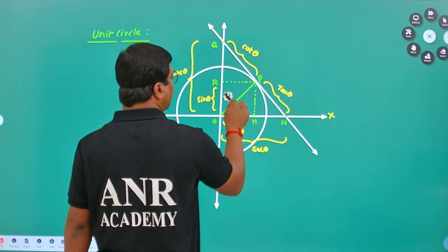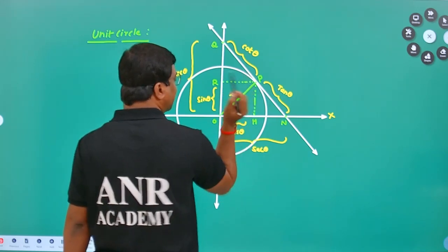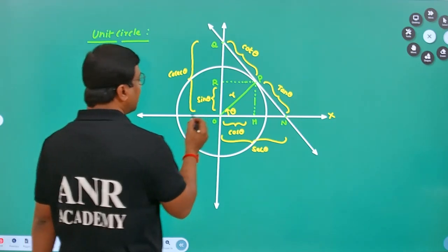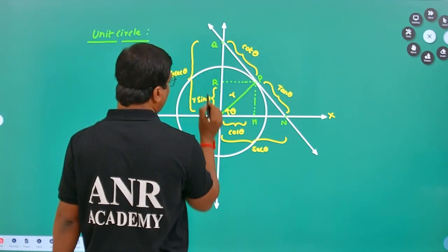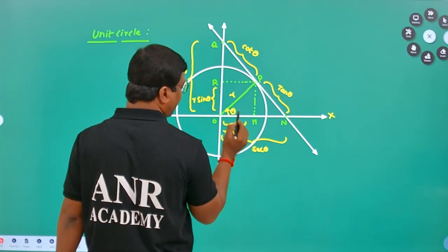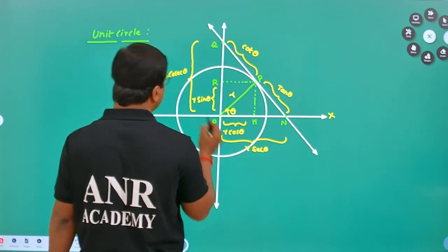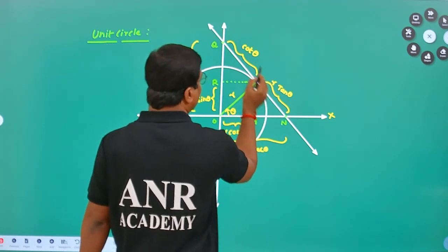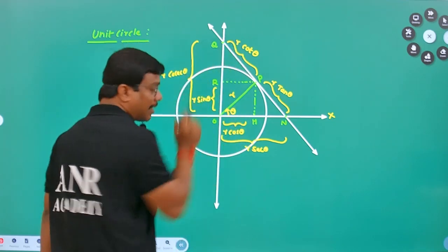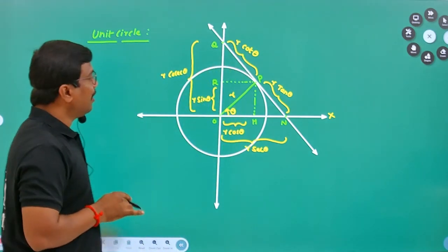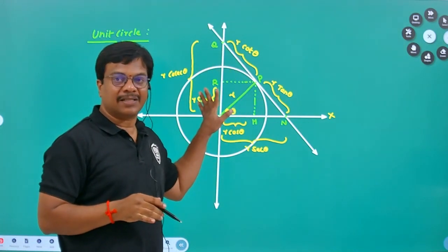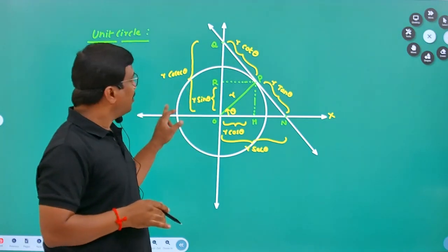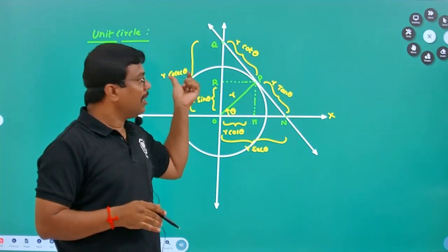I am going to select radius in general. Then in such cases you have to mention here r sin theta, r cos theta, r secant theta, r cosecant theta, r tan theta and r cot theta. Remember, when the circle is of radius in general r, then the trigonometric ratios are multiples of r.